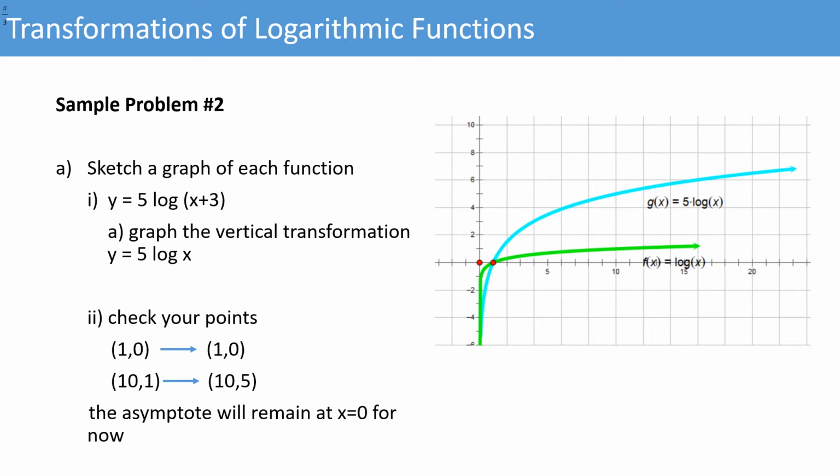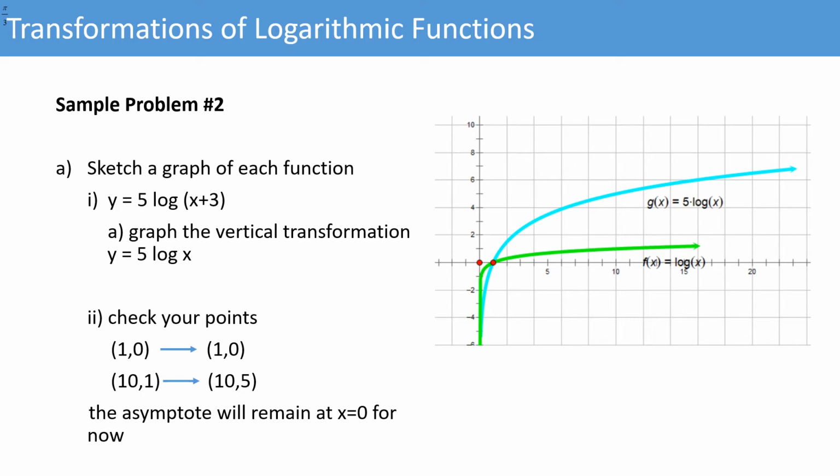So here we have the graph y equals 5 log(x plus 3). So we start out by drawing the graph for log x, which is in green, and then we multiply by 5, and so we see our vertical stretch. We'll check our anchor points. So (1, 0) is still (1, 0), and (10, 1) becomes (10, 5).